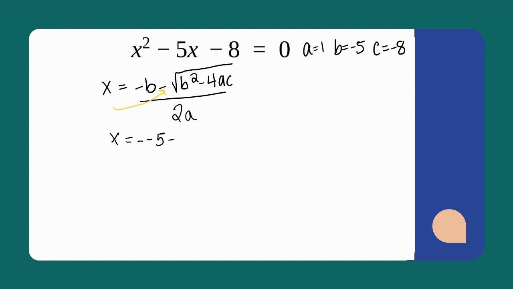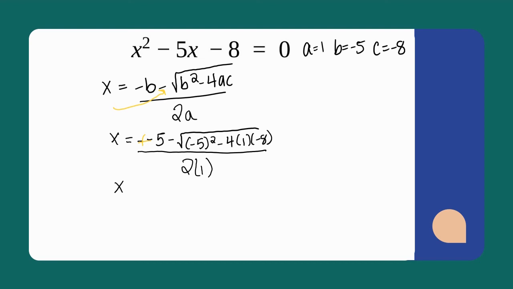So x equals -5 minus the square root of -5 squared minus 4 times 1 times -8 all over 2 times 1. Cool. We know this double addition or subtraction sign turns to addition.